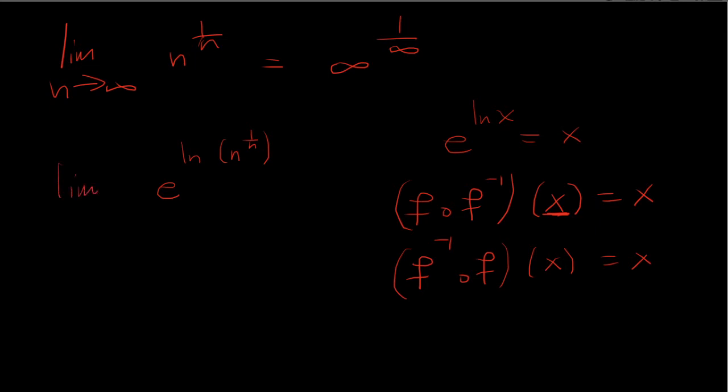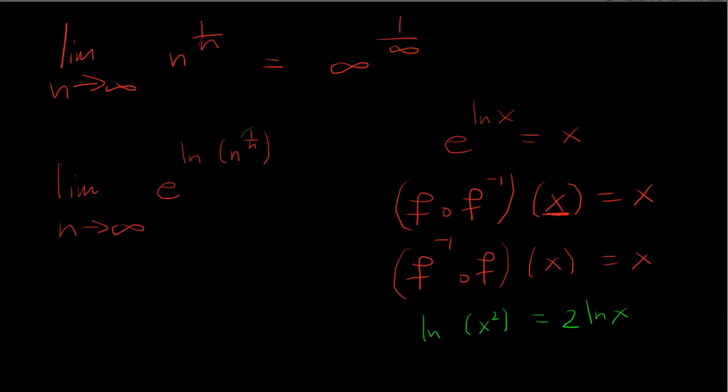So now I'll be looking at the limit as n approaches infinity of e to the ln of n to the 1 over n. One of the properties of a log is to bring the exponent in front. So let's say I have ln of x squared. This is the same thing as bringing the 2 in front and multiplying it by ln of x.